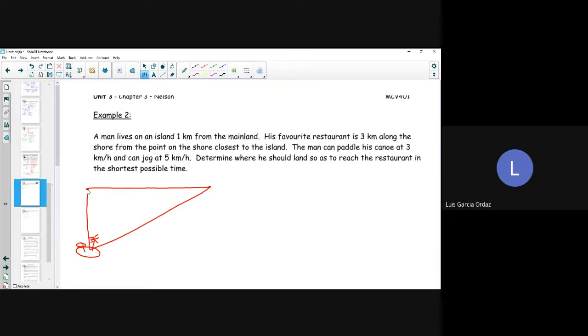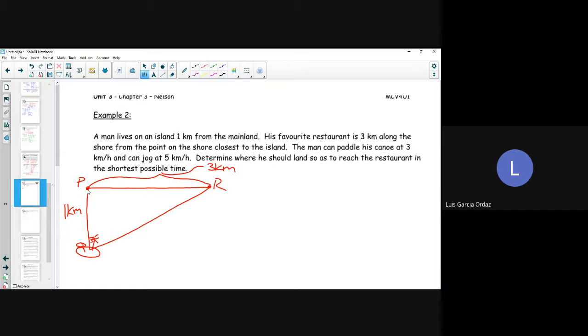So that's my island. So the guy lives 1 kilometer from the mainland. So let's name this point P. So his favorite restaurant is 3 kilometers along the shore from the point closest to the island. So from here to here, so this is the restaurant. This in total is 3 kilometers.